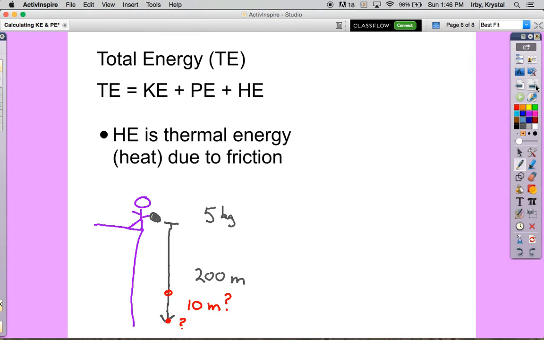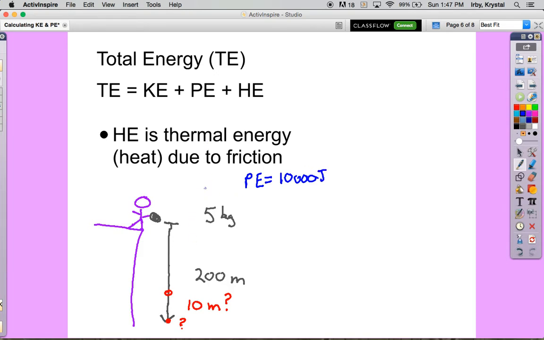So let's look at total energy for each of these problems and add some parameters to them. So here I have my potential energy problem, same problem, my original potential energy at the top of the cliff before I dropped the rock was 5 kilograms times gravity times 200 meters, which was 10,000 joules.